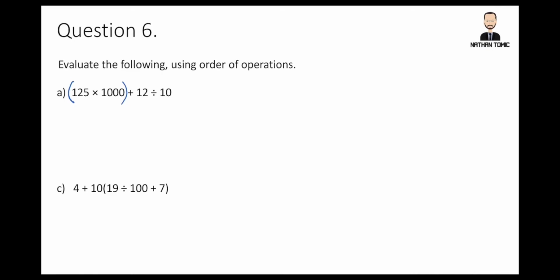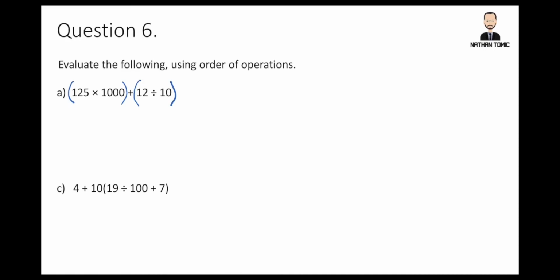I know that the second thing I'm going to do is this 12 divided by 10 because that's also a very high operation, being a division, and it's a little bit further down the line though because it happens to be more towards the right of the question. So I've rewritten my equation basically to make it very, very clear. Once I've got the answer of those two brackets, then I'll add those together to get the final answer.